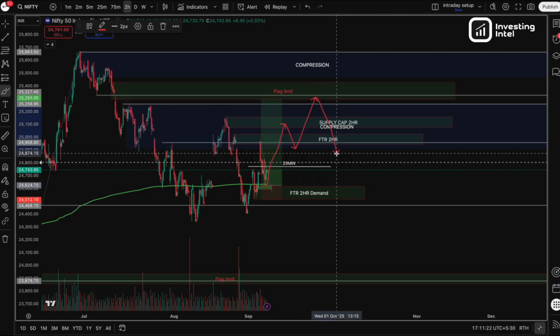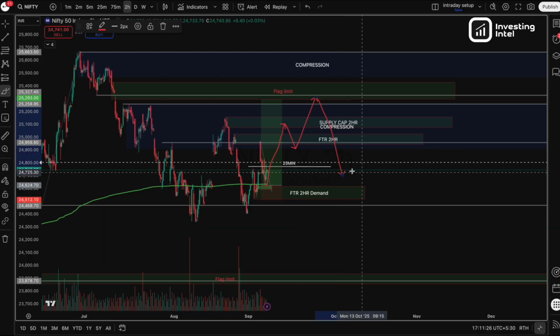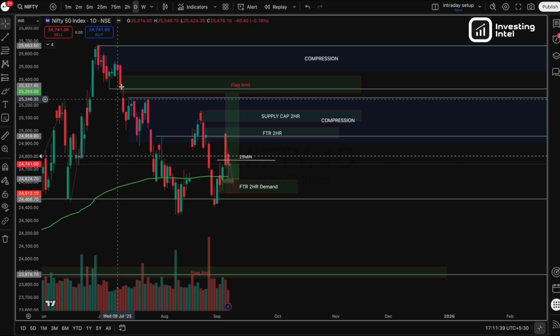And again we'll see a recovery or a sharp move. Either, if the market sentiment is negative, price will again fall very sharply, because price fell from this zone very sharply, so we expect the same.